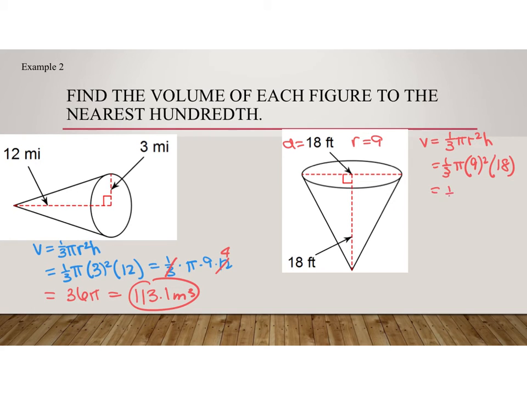Now I have 1/3 pi times 81 times 18, and when I simplify this out, 1/3 of 18 is 6, times 81 will give me 486 pi, or numerically that's 1,526.8, and my units are cubic feet.